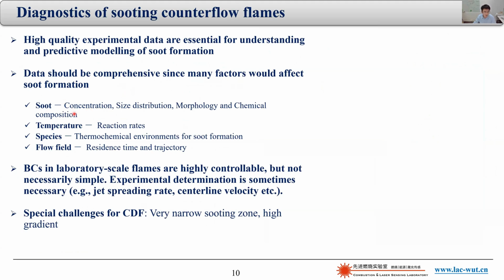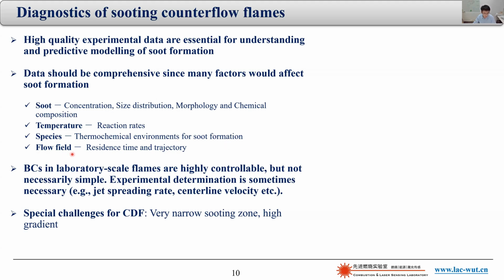That means you need data for soot concentration, and ideally you should also have information about size distribution, morphology, and soot chemical composition. We also need accurate temperature data, because temperature is a very important parameter that controls all reaction rates. And the species mole fractions are important because, along with temperature, they provide the thermochemical environment for soot formation.